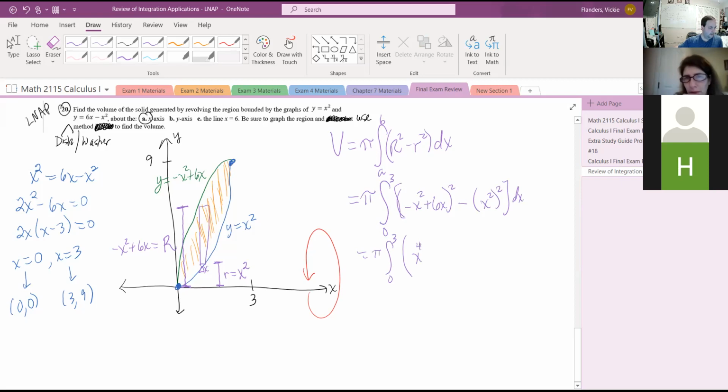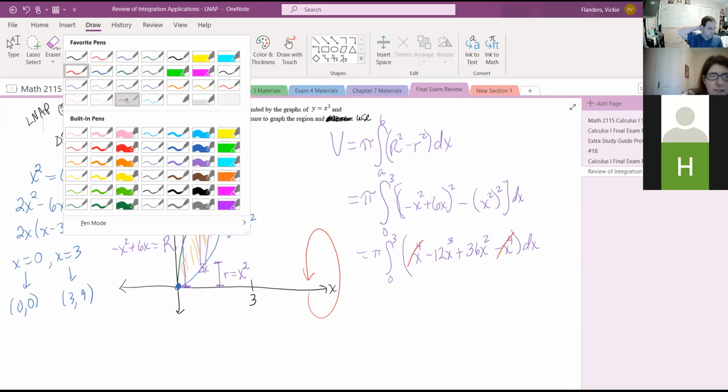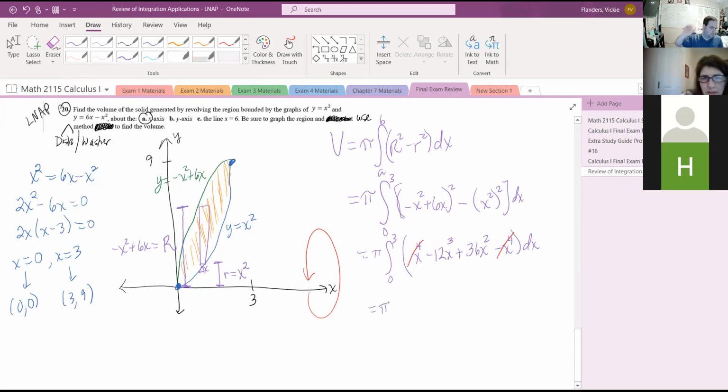But x to the 4th minus 12x cubed plus 36x squared minus x to the 4th power dx. And I see that these x to the 4ths, that's nice, two terms that I don't have to use.